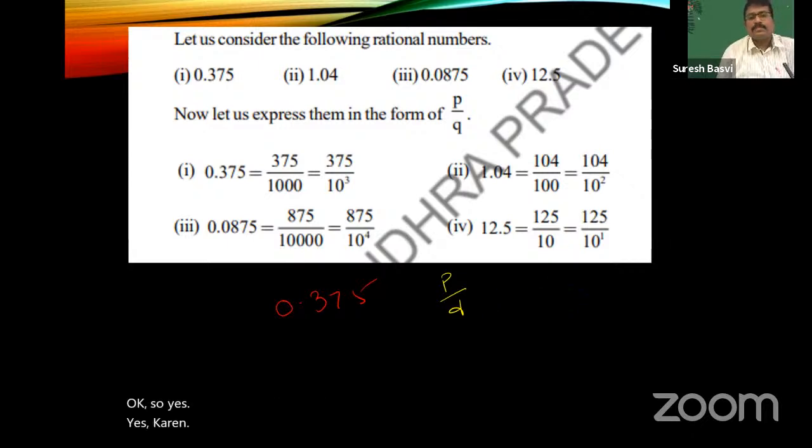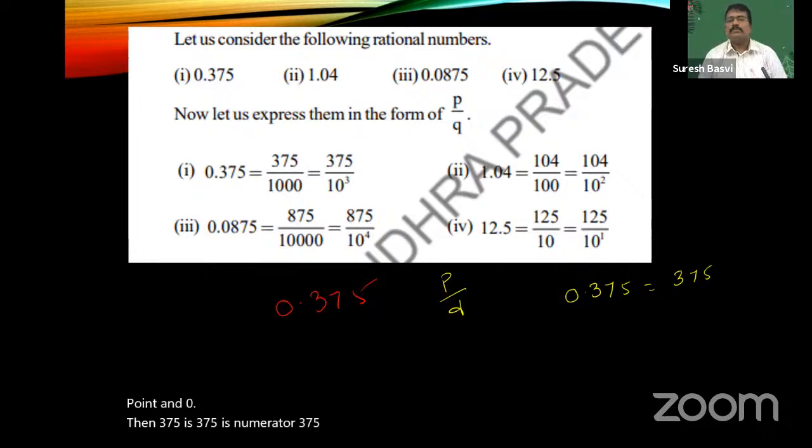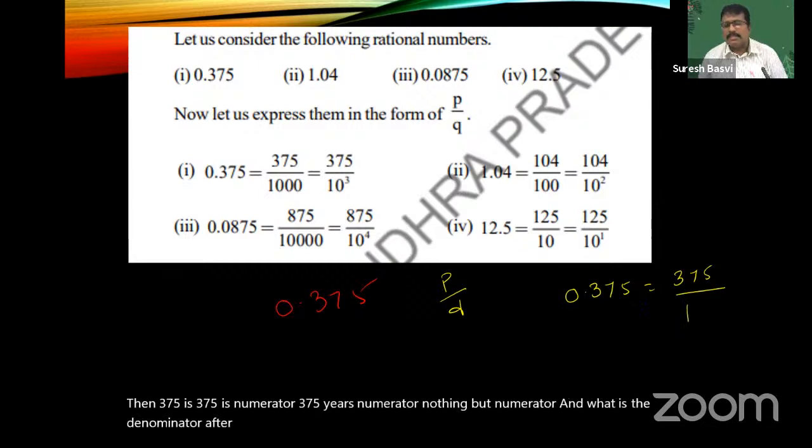So first thing is you have to write 0.375 as, first you have to omit the point and the 0. Then 375 is the numerator. And what is the denominator? After the point, there are 3 numbers.